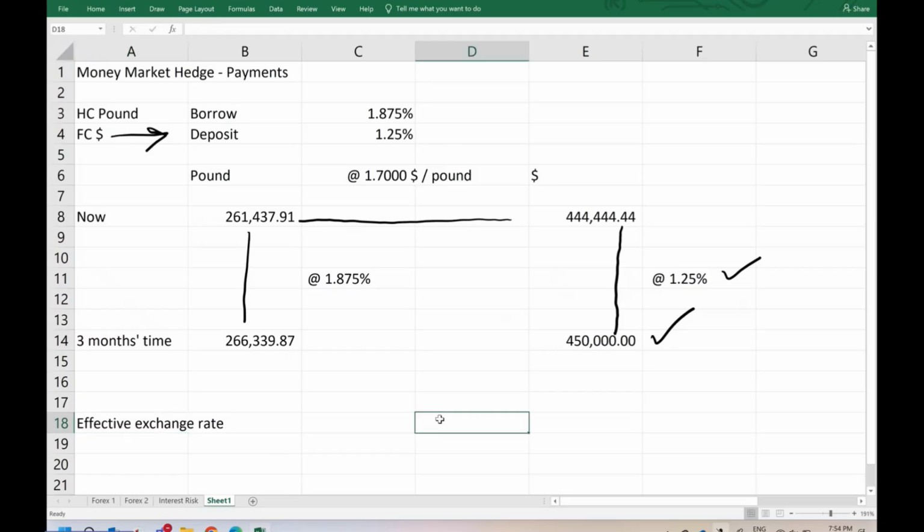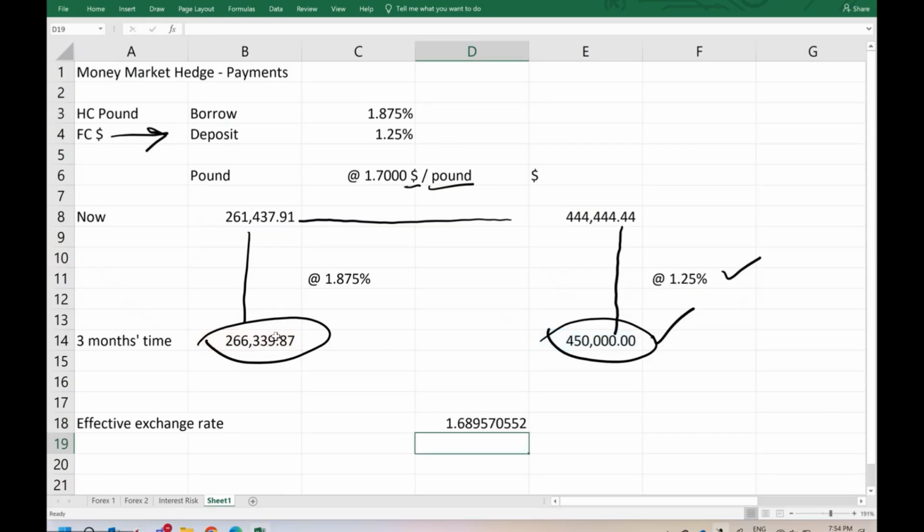Yes, look, we need an exchange rate with dollars as the numerator and pounds as the denominator, right? So take dollars above and pounds below and find an effective rate.